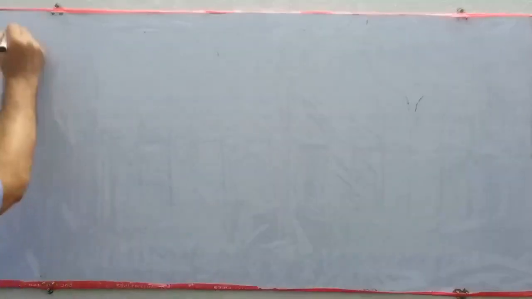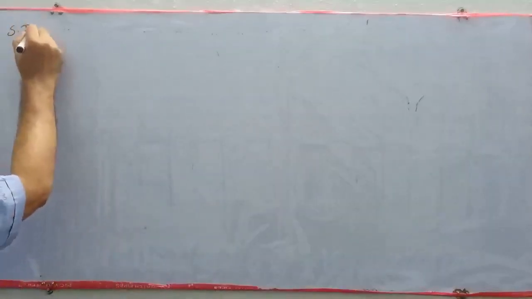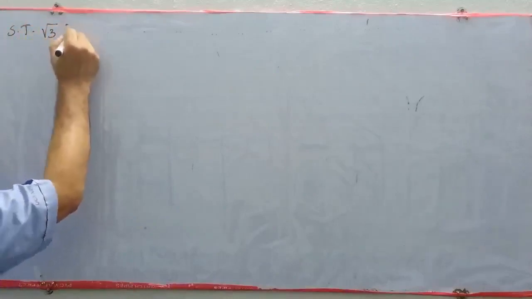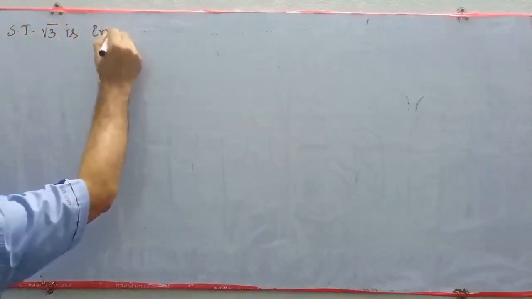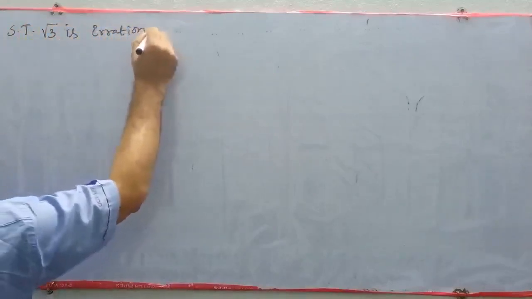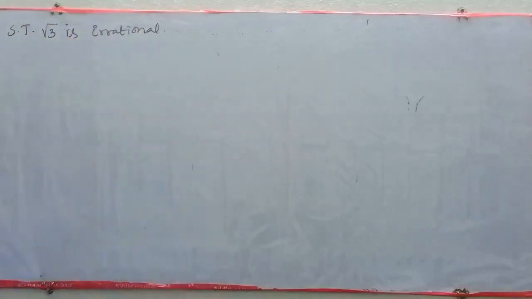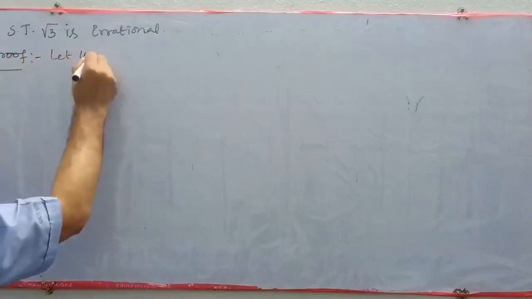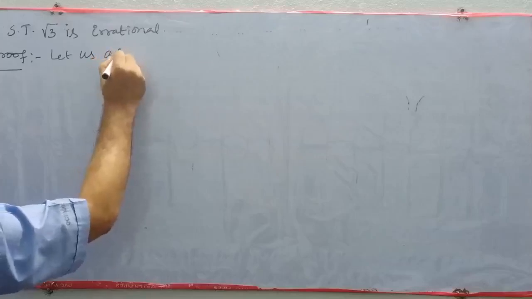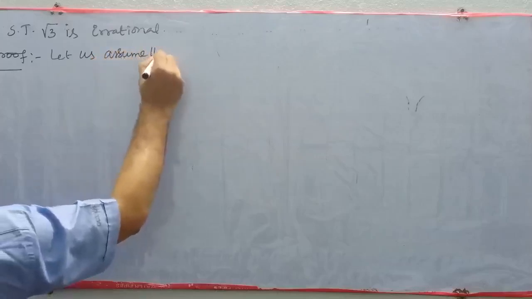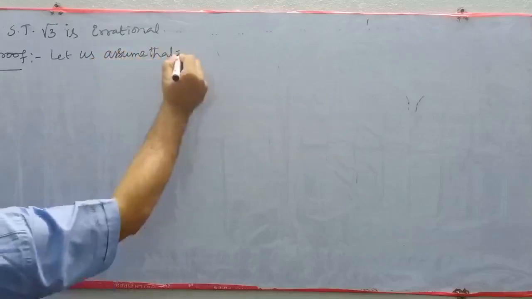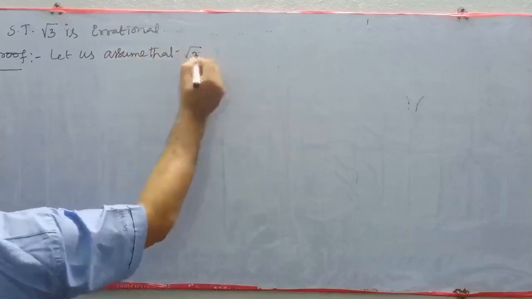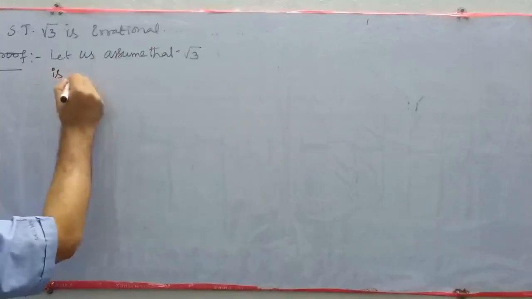Show that root 3 is irrational. Proof. Let us assume that root 3 is rational.